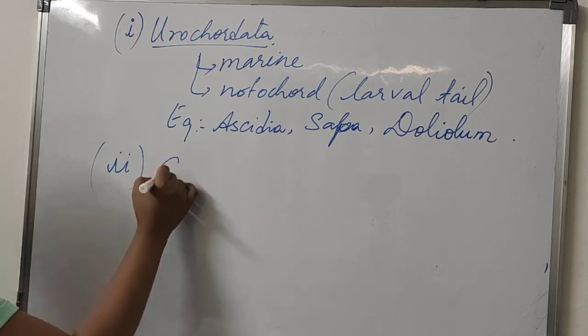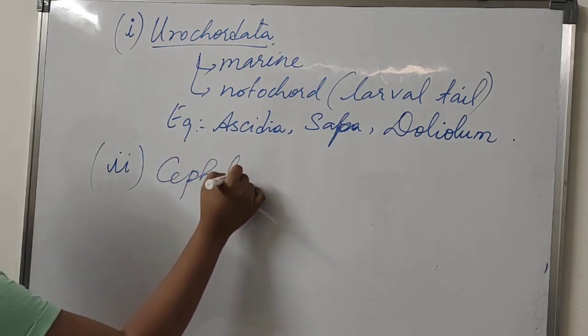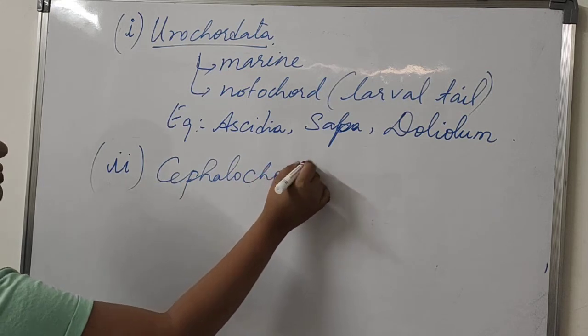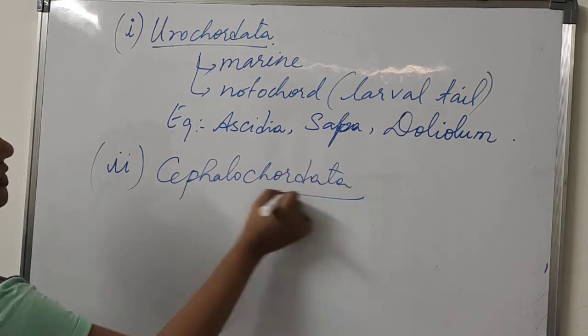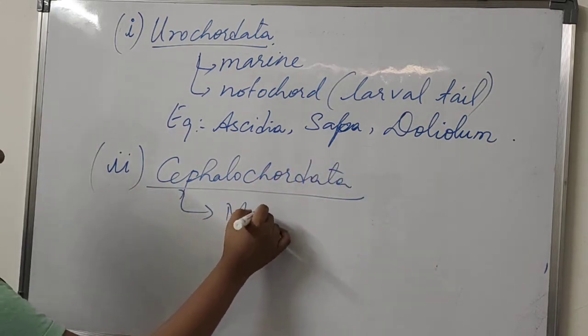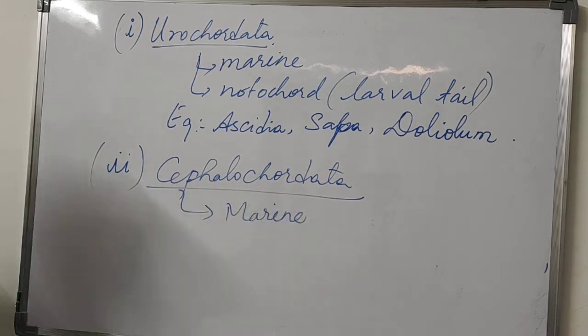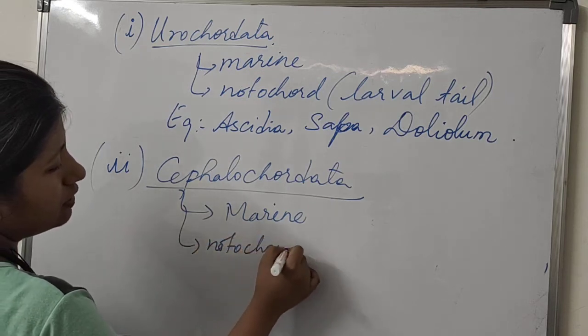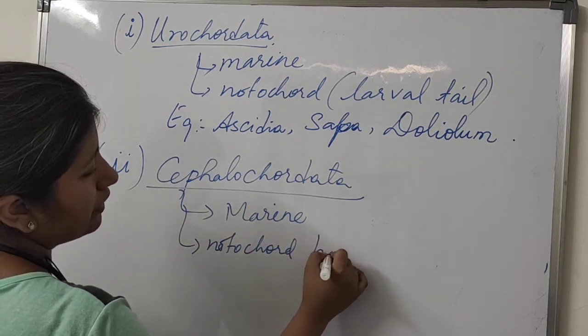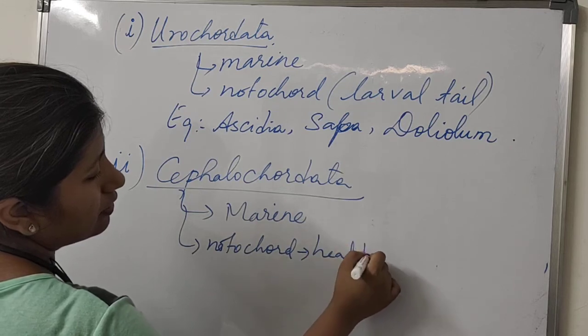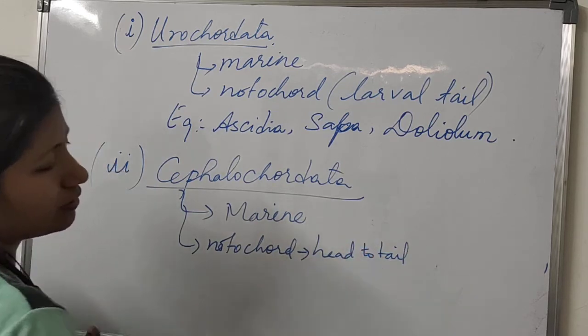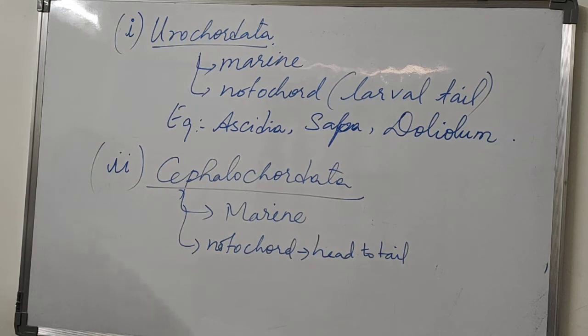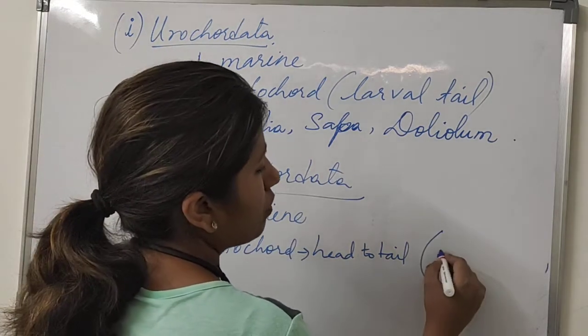Then comes Cephalochordata. Cephalochordates are also exclusively marine. You will find them in marine, and their notochord is present from head to tail, and it is present throughout life.